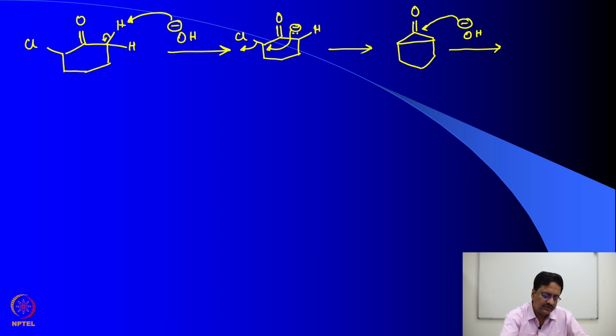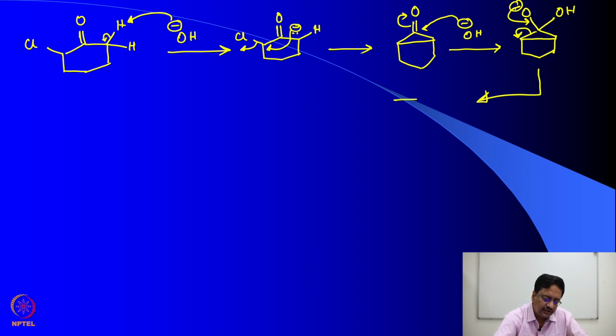So, then again when OH minus attacks, this ionic species forms and then the bond forms again and this single bond breaks and you get a 5-membered ring formed with a negative charge here and double bond O and OH forming there, and then you have water.